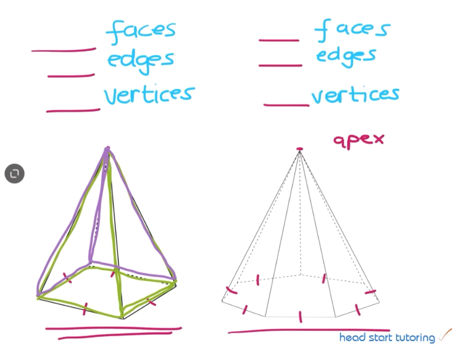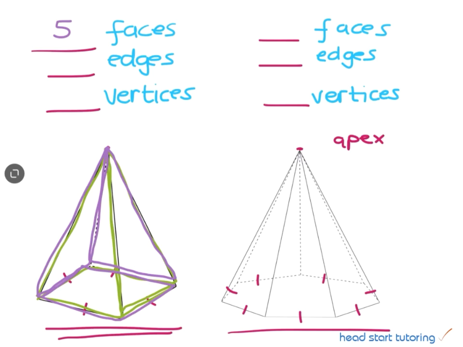faces altogether. So we've got our one face at the bottom there, our base, our square base. And we have then got 4 triangular faces on the sides, or lateral faces we will call them. So we have got 5 faces altogether, 1 square base and 4 triangular lateral faces.